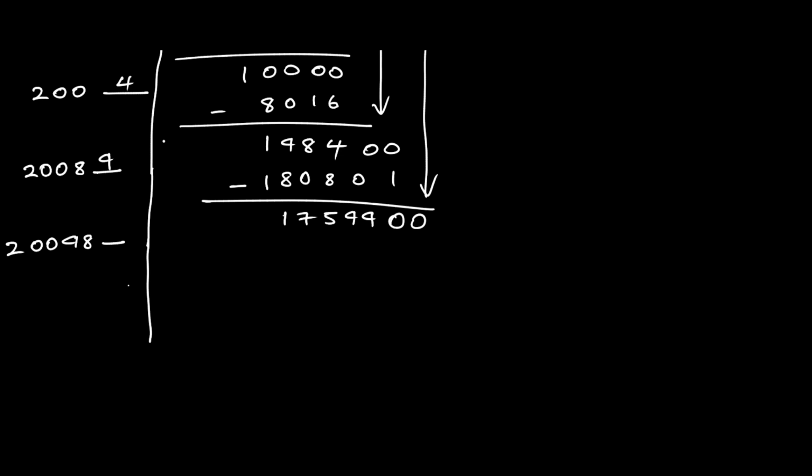Now, by looking at it, it is surely not 9, because 9 would produce, as you can see here, 1.8 million. So it is definitely 8, which would produce 1.6 million. So minus 1.6 million, 7,904.